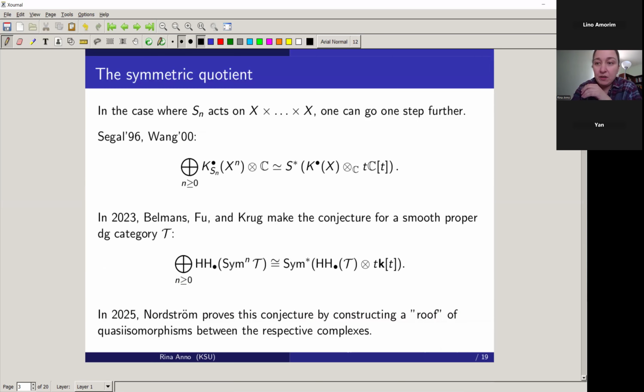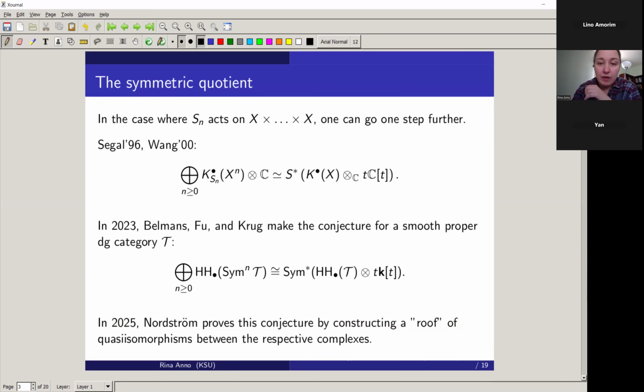And then one can rewrite the right-hand side as a symmetric algebra whose basis is several... Here we view C[t] as a vector space with a basis t^2, t^3, up to infinity. Normally we label it starting with t, not with t^2.